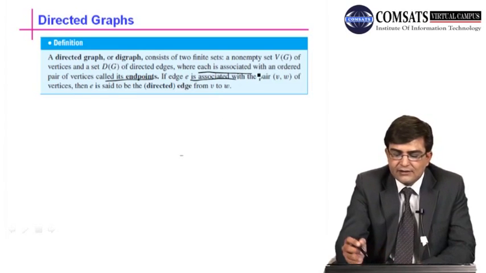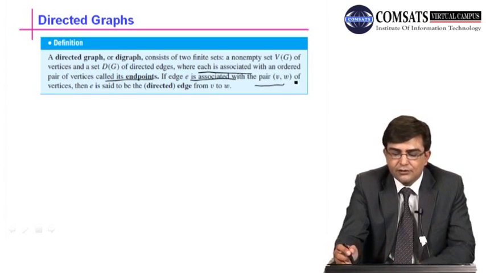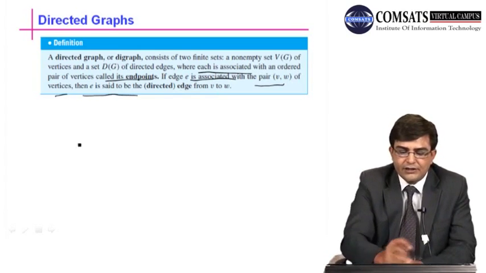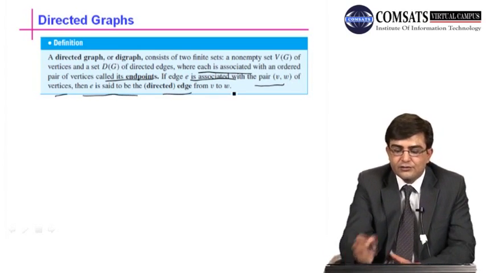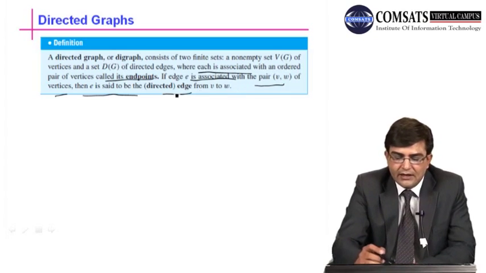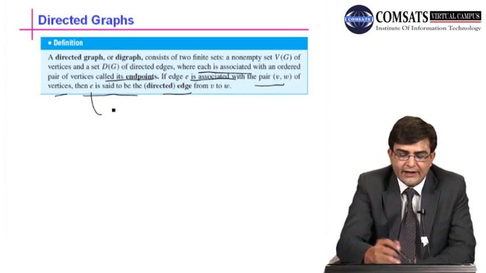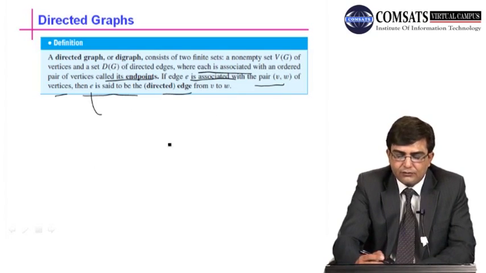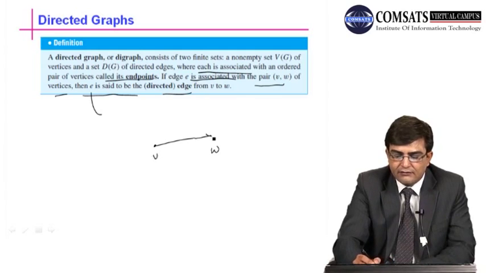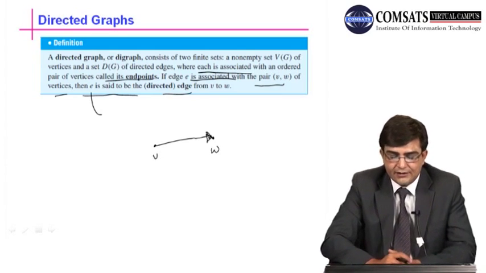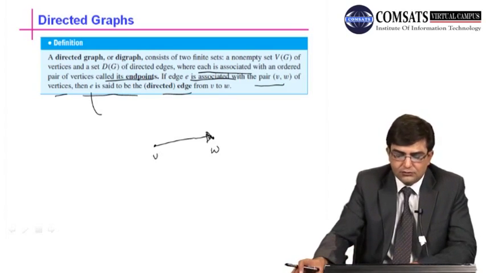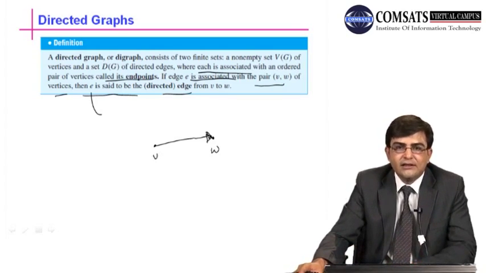If E is associated with the pair VW of vertices, then E is said to be a directed edge from V to W. For example, here if we have V, here we have W, then the directed edge is from this vertex to this vertex, like this. This arrow shows the direction of the edge. So such types of graphs are called directed graphs.